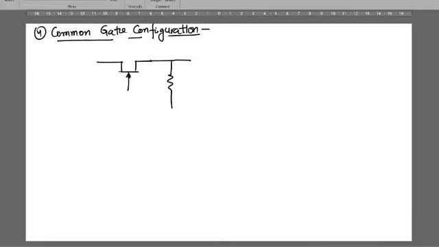And here you apply one resistance, plus minus. This is VDD. This is RD. And here you apply one resistance and one battery, and this battery is grounded.